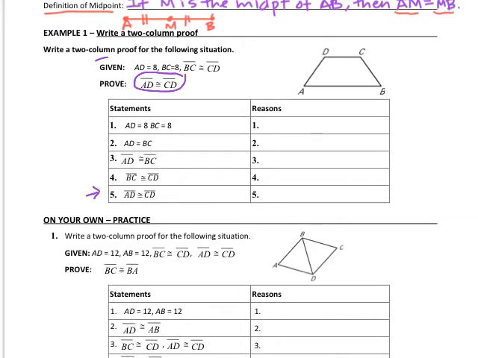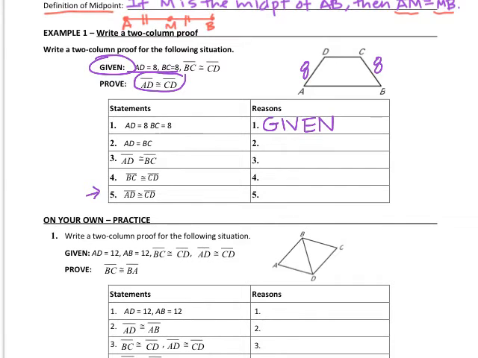So look and see what you're given, and wherever that information is written, you want to say that the reason is that you were given that information at the beginning. So it looks like we have AD is equal to 8 and BC is equal to 8. And often I'll go ahead and write that information on the diagram as well, so that when I'm looking at the diagram, I can see exactly what I've been given.